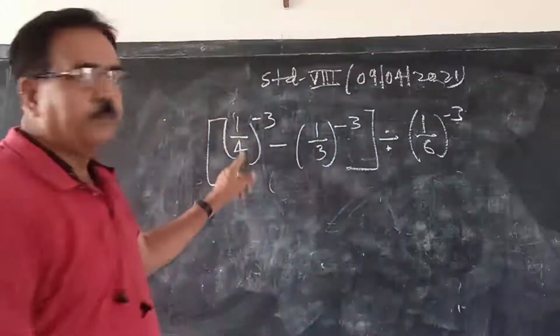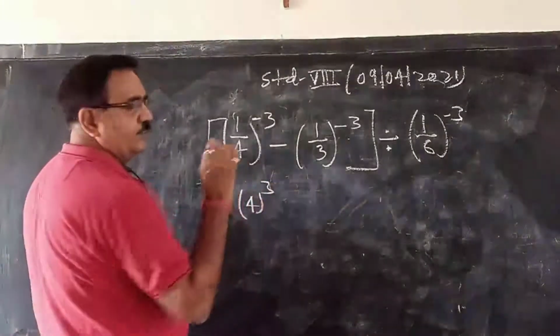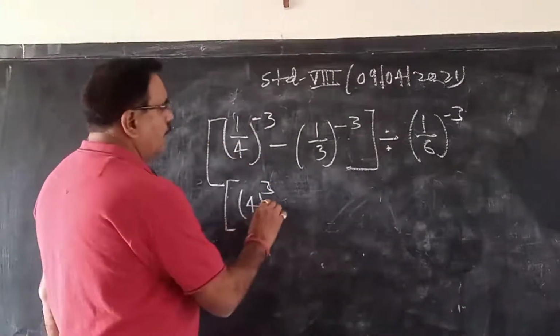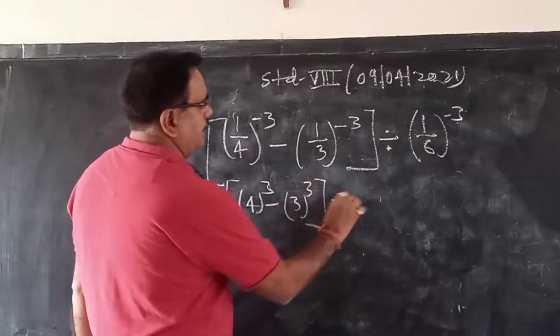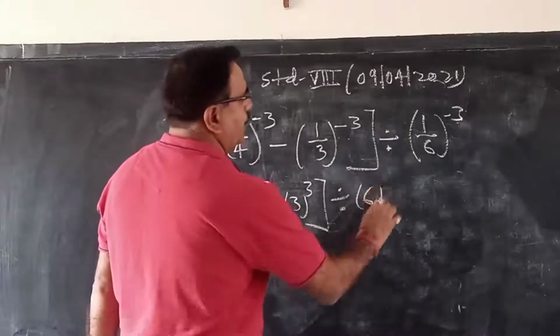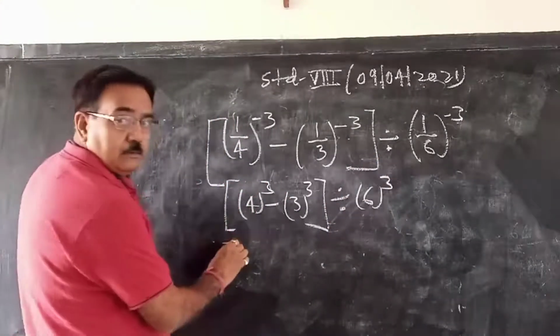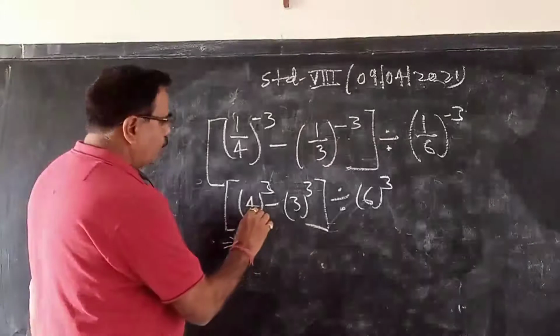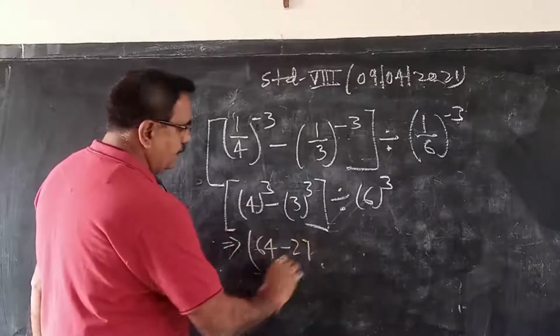What is the reciprocal of 1/4? It's 4, and the power becomes 3. The power becomes 3 for the second term, and divided by 6 with power 3. Right? So this value: 4 4s are 16, 64. 3 3s are 9, 27.